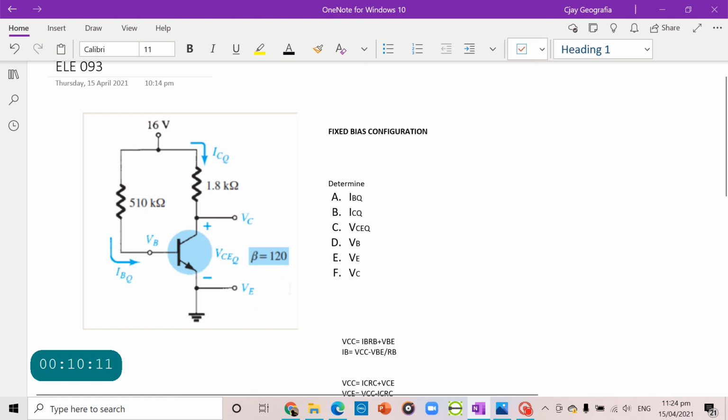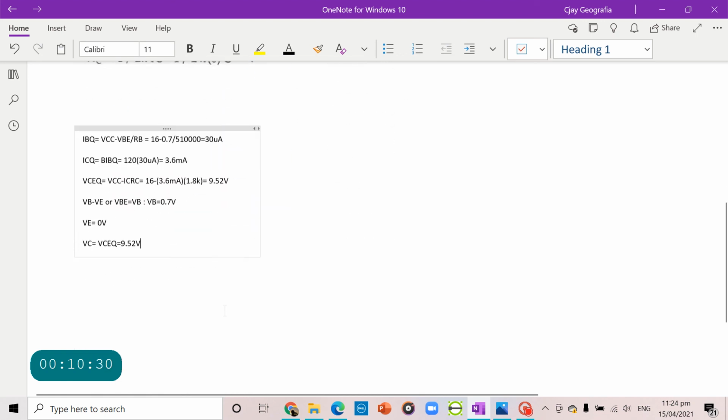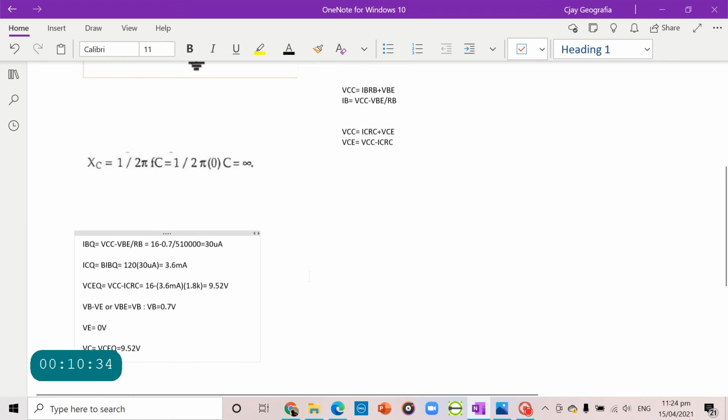And for the other voltage drop, since our voltage drop is always 0, that's why VC is equal to VCEQ. So that's all.